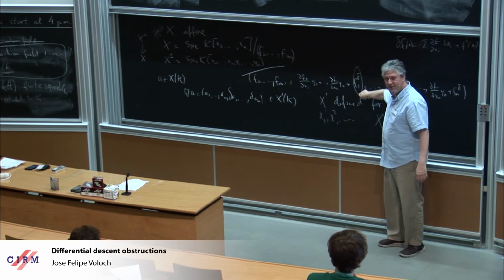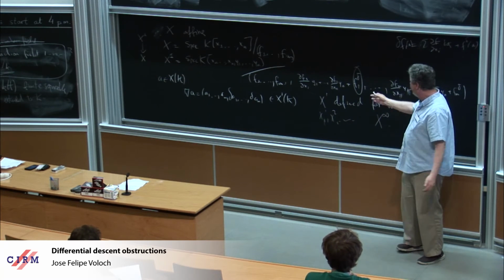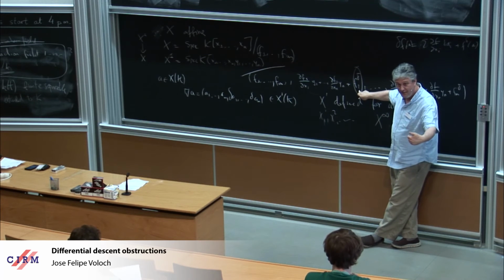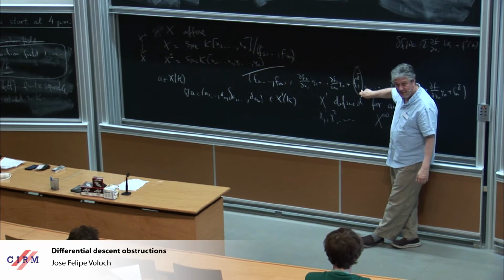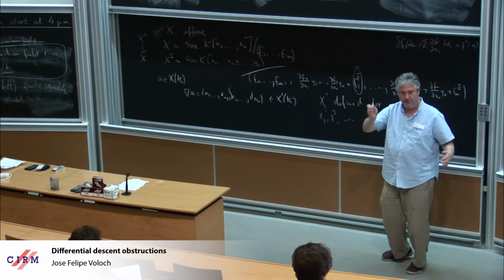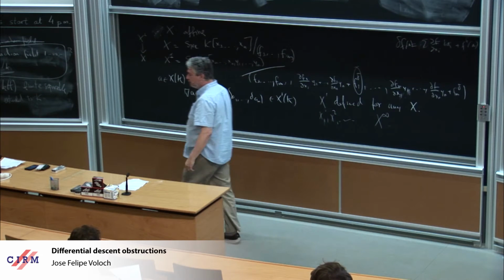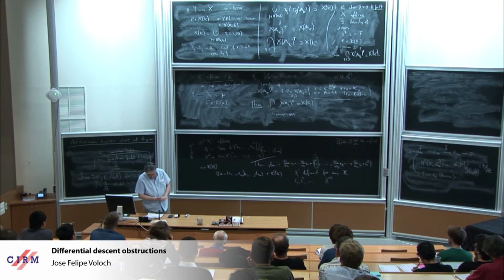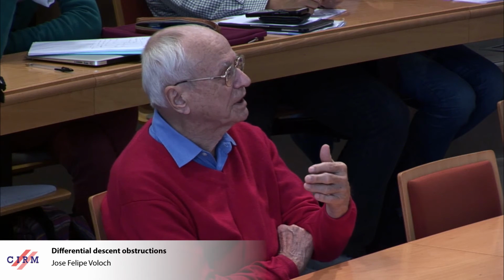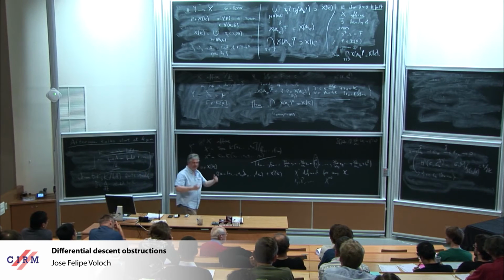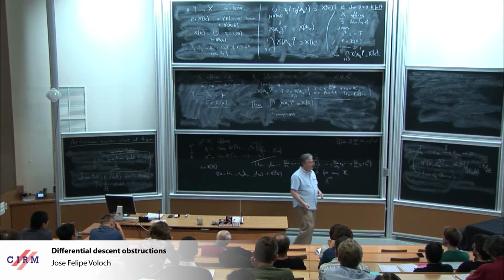If this guy wasn't there, for example if the coefficients are constant, then this thing vanishes, and then X1 is just the tangent bundle. Yes, X1, and the higher X are built iteratively over that.